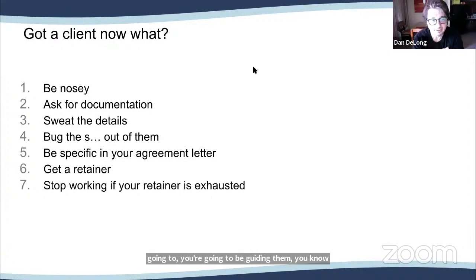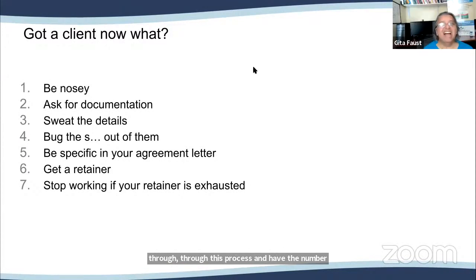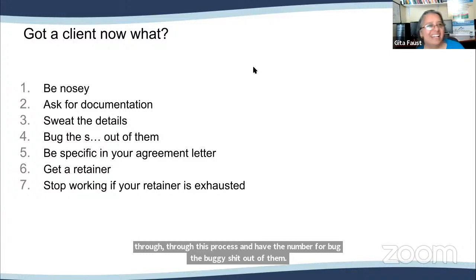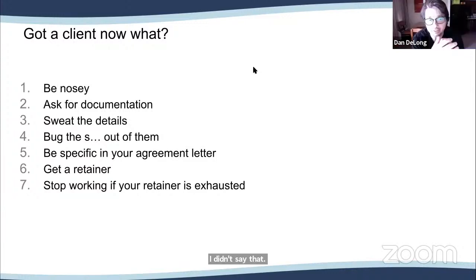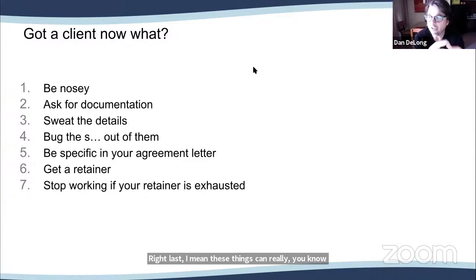And I love number 4, bug them. But these things can really hold true to any niche. What in real estate have you found really guides you into the why these things are best to get out of the way up front?